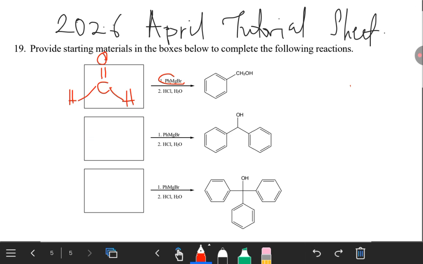So we have a phenyl group like that. So this phenyl group is this group. Then we've said this other phenyl group is the one which has a Grignard there. So this is our starting material.